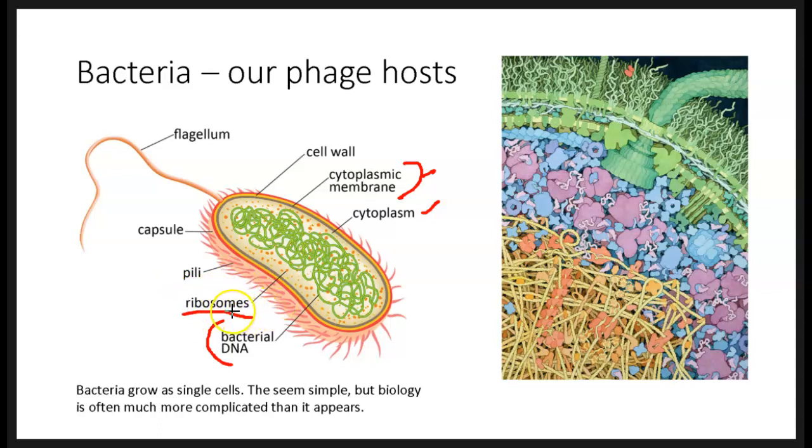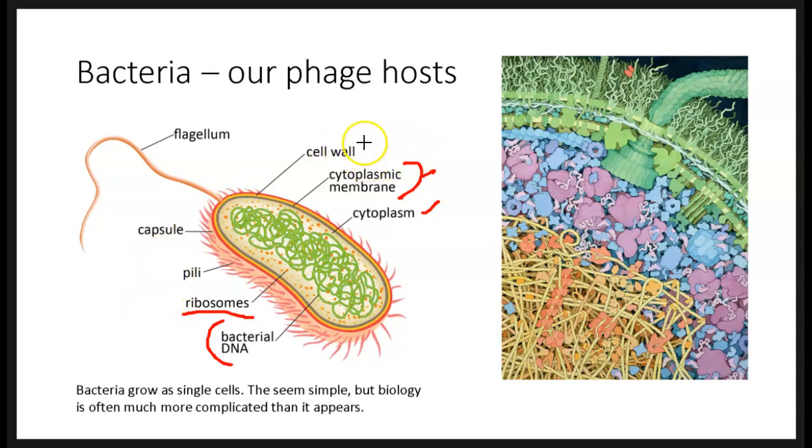So ribosomes are large protein and nucleic acid components. They're large structures inside of the cell that are there for making proteins. They are some of the biggest things inside the cytoplasm, and so they can be seen with electron microscopes. And so they're something that we often see when we look at images of bacteria.